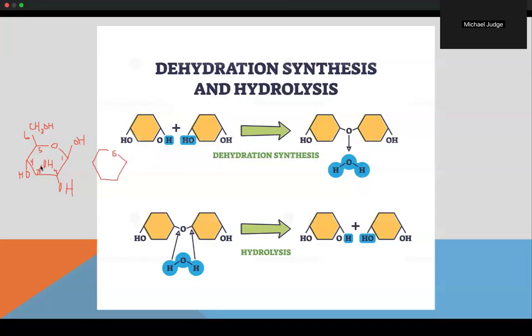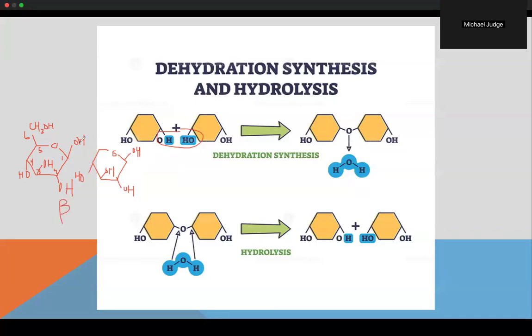Up, down, up, down. Apologies for my sloppy drawing with a trackpad here. Up, down, up, and then down. And whereas alpha glucose lines up perfectly to link the 1 and 4 OHs together, beta glucose does not.